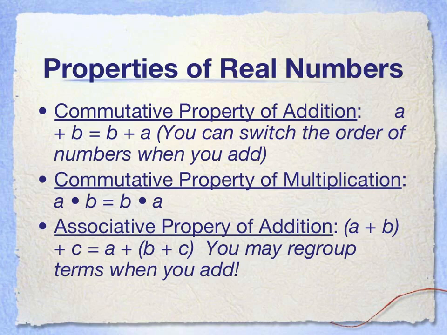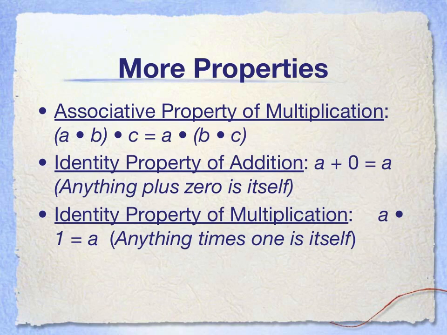And we also have an associative property of multiplication, which again tells us that we can multiply our 3 numbers, so A times B, and then multiply it by C, or we could take B times C first and then multiply it by A, and we're still going to get the same value. Now, we have these associative properties of addition and multiplication, but we don't have them for subtraction and division. Think about why. Order does matter in certain cases.